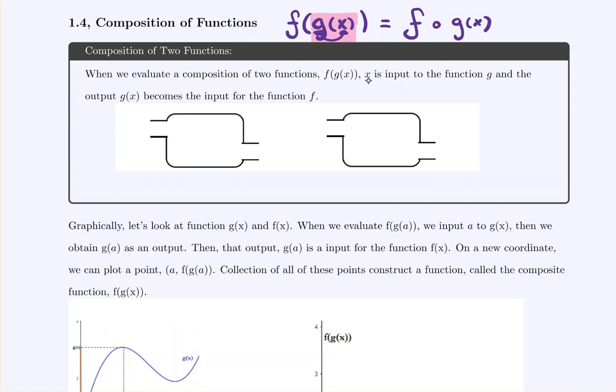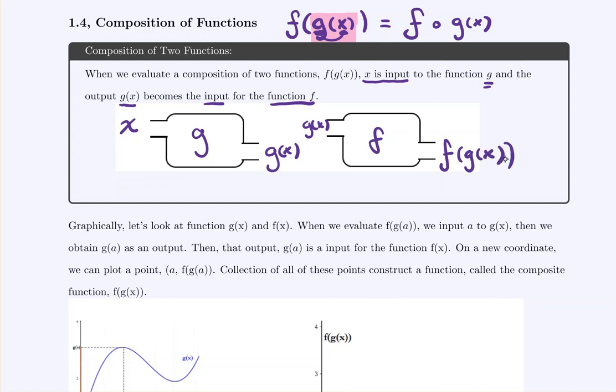So the original input x gets inputted into the function g, and we get the value g of x, and then the output of that g of x becomes the input for the function f. So we put x through the function g, and the output becomes g of x. But since g of x is the input to the function f, we're inputting g of x, and the output is f of g of x.